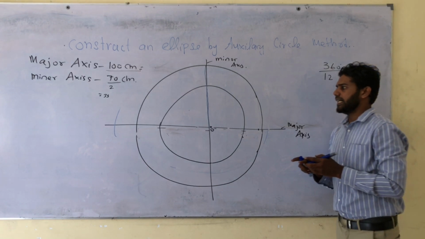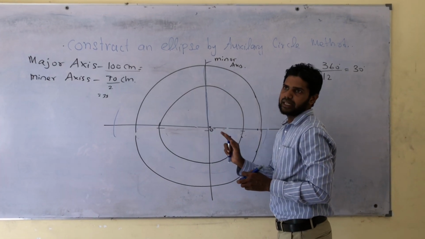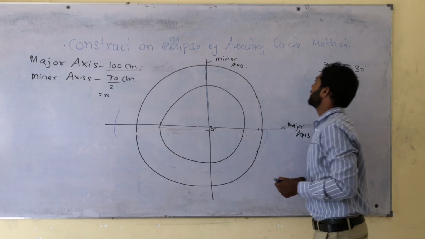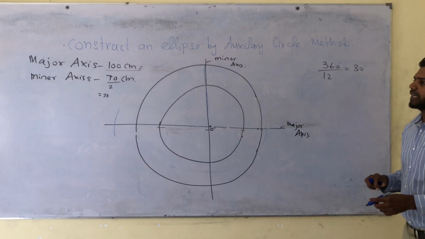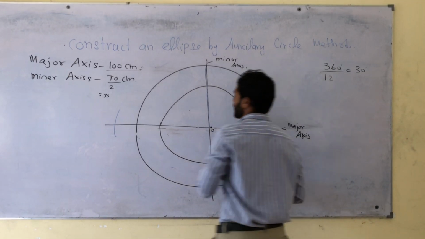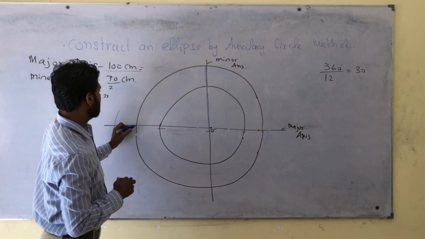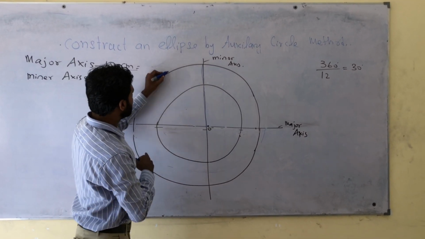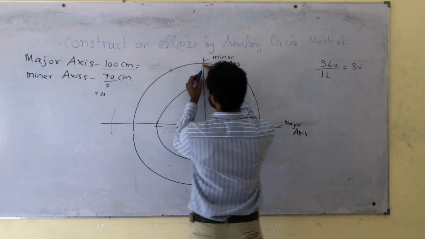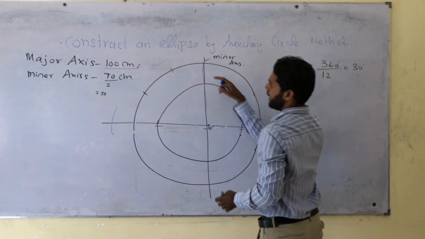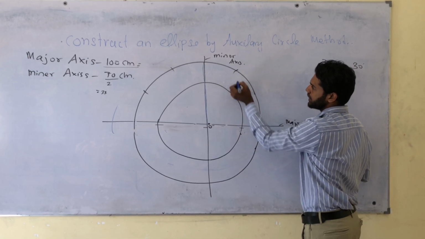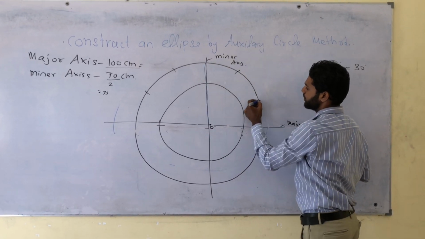By using a protractor or whatever, by using a compass, you can divide this into 30 degree. Let's say by using the compass, here you can take the radius and mark here, and from here to here, and from here to here.